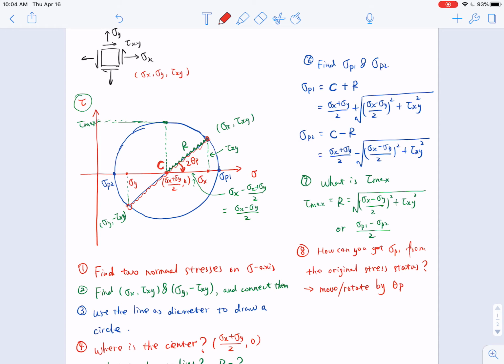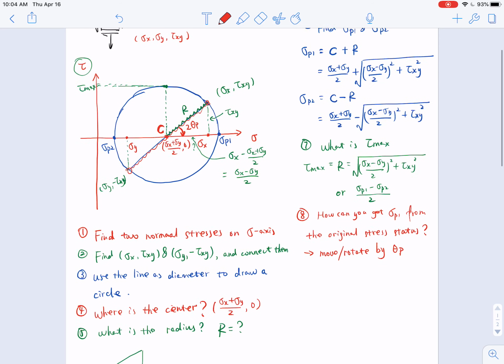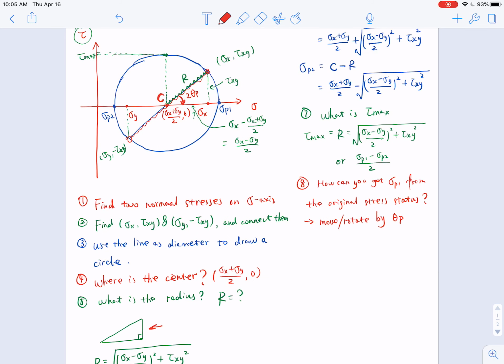Now let's look at how we can determine 2 theta p. Since it's in the same triangle as shown here, we can use this triangle to calculate the value of theta p. So tangent of 2 theta p equals, in this triangle, tau xy over sigma x minus sigma y over 2.